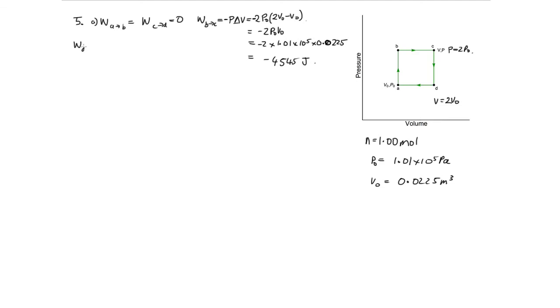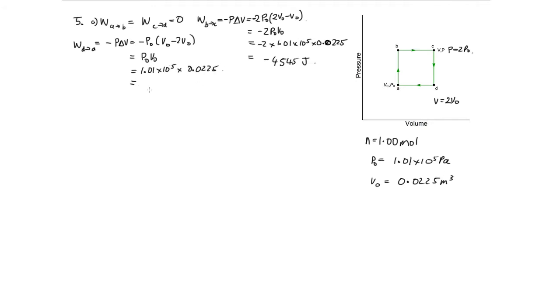So the work from D to A, in this case, it's a compression, so we should end up with a positive answer, but it's given by minus P times the change in volume still. The pressure in this case is equal to P naught. The final volume's V naught, the initial volume's 2V naught, and so these negatives will cancel out, and we'll end up with P naught V naught, which is equal to 1.01 times 10 to the 5 times 0.0225.